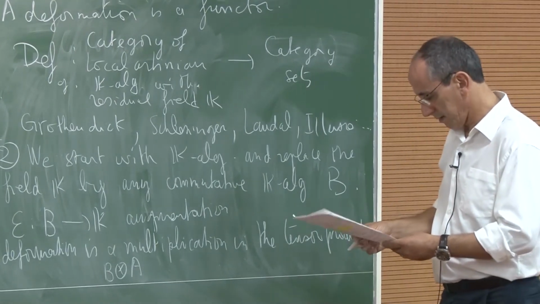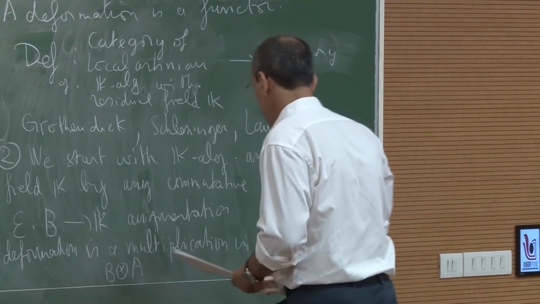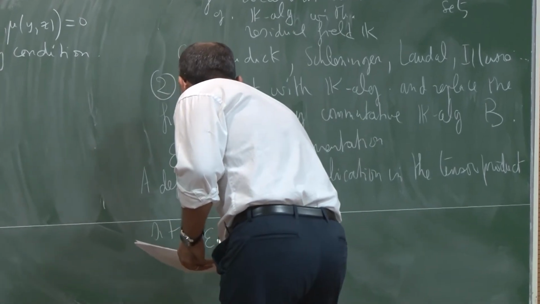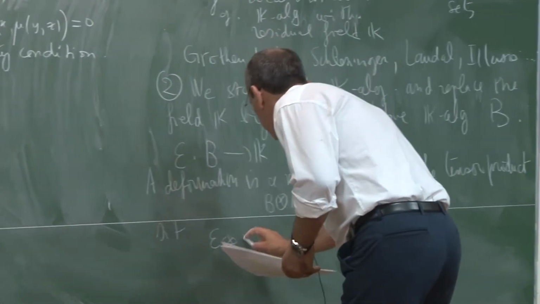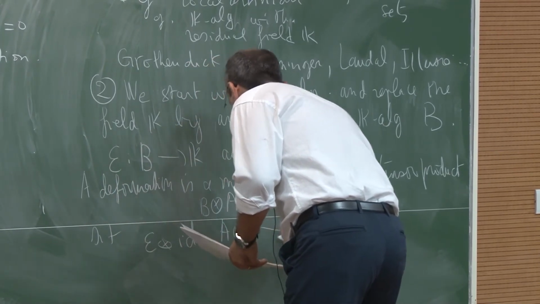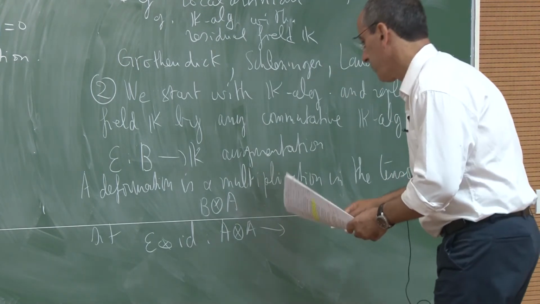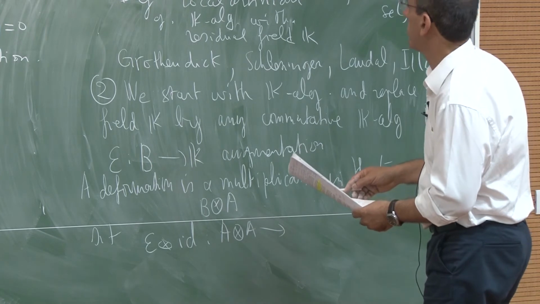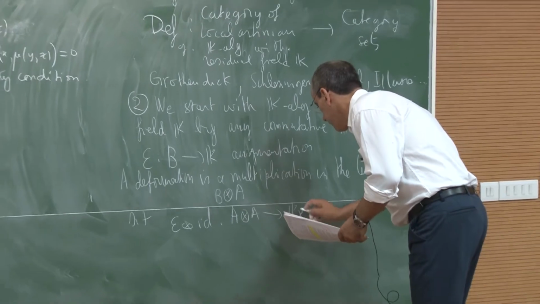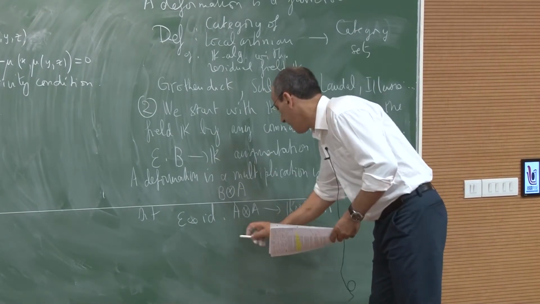Such that this epsilon tensor the identity, which goes from A tensor A into A, which is K tensor A, which is isomorphic to A here, and this is an algebra.